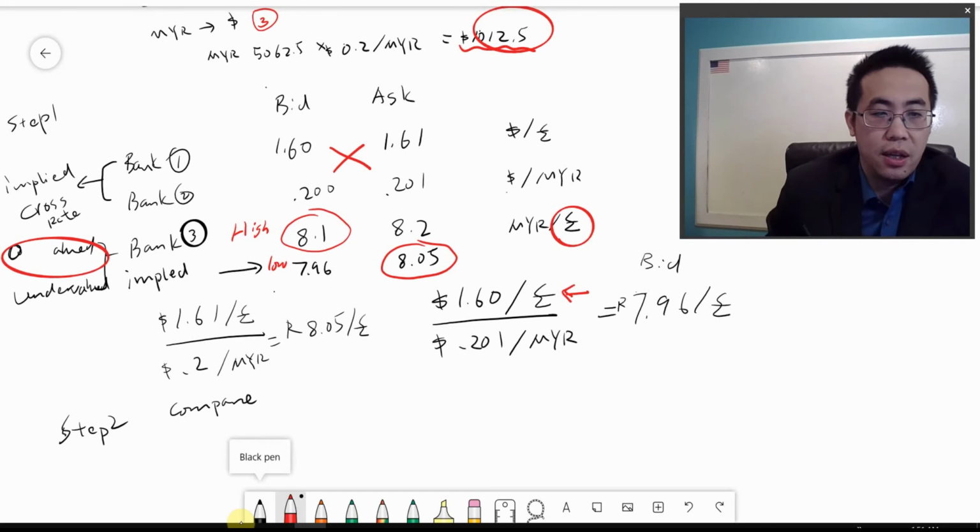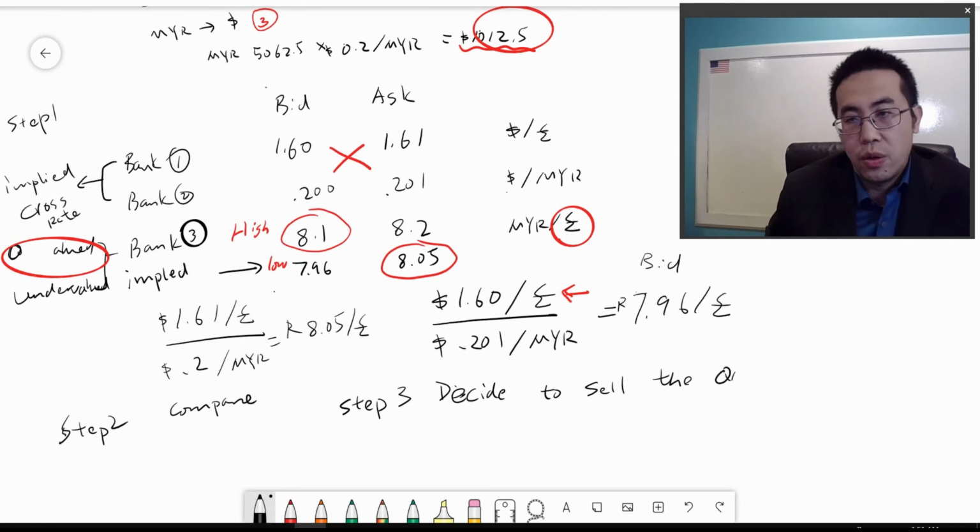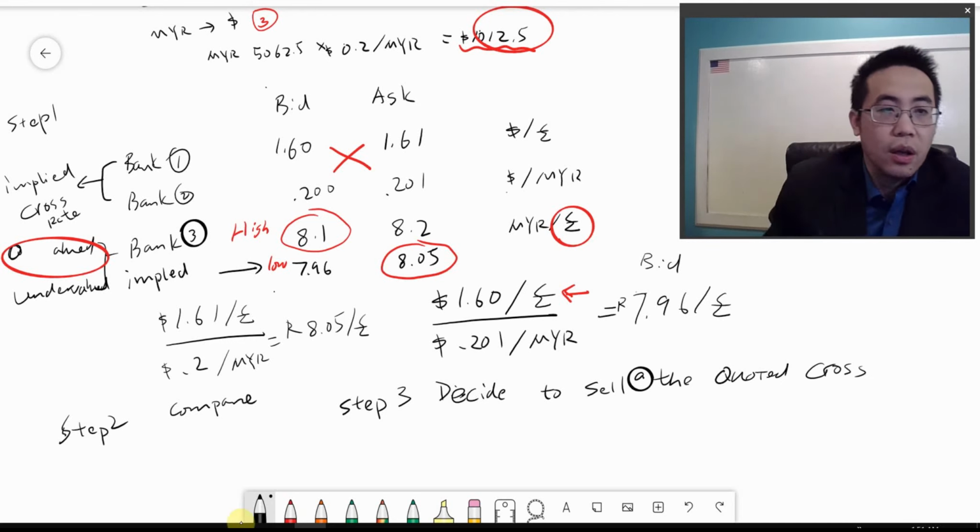Okay, you will sell the overvalued one. So step 3, decide to sell the overvalued stated rate, the quoted cross. Sell at the quoted cross rate. Okay.